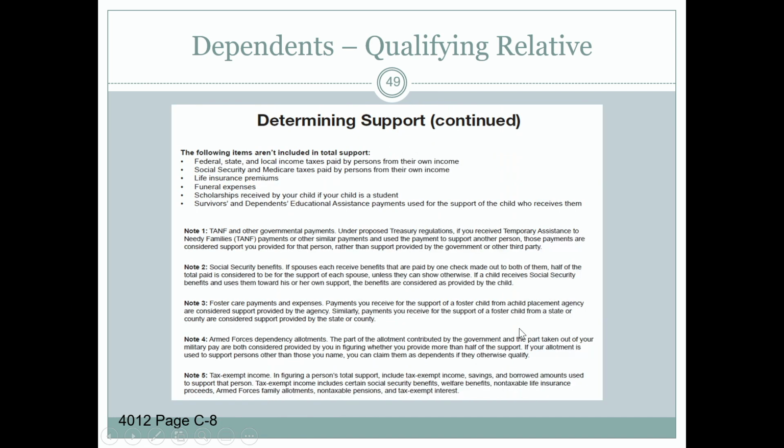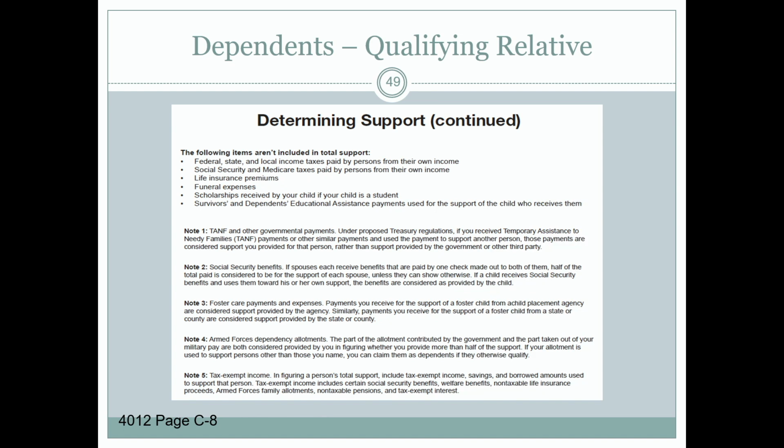Okay, the next slide that we have is a continuation that goes into some notes about what we should and should not include when we talk about support in some special situations. Okay, it says following items aren't included in total support, and we're talking about the taxes that the person had to pay. Okay, Social Security and Medicare that they may have paid.